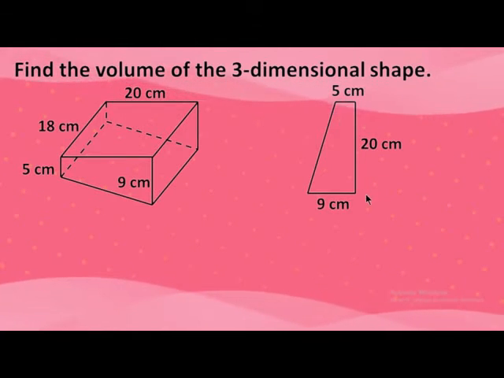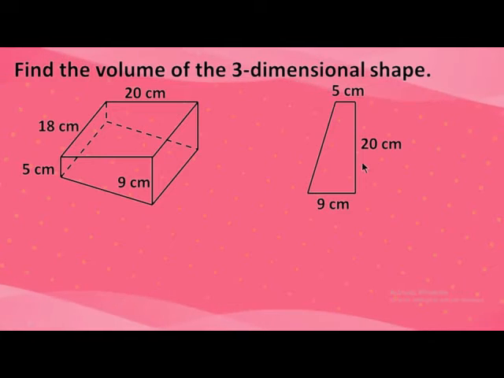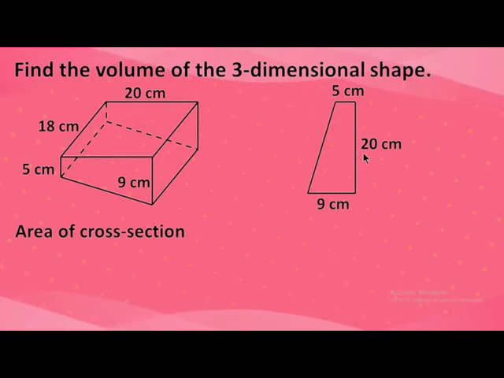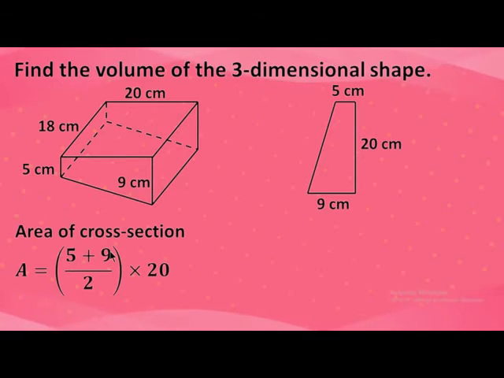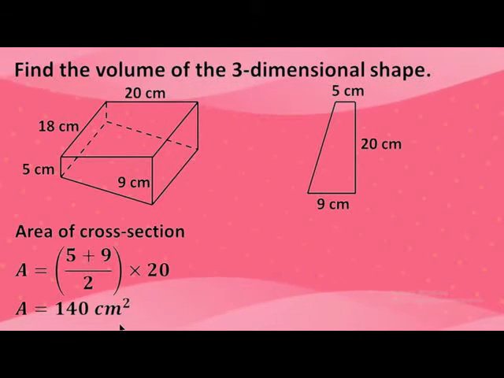So first we need to find the area of the cross-section. As you can see, the cross-section is a trapezium. So the area of the cross-section is (5 plus 9) from this side and this side, divided by 2, multiplied by 20 from this side. So the area of the cross section is 140 centimeter square.